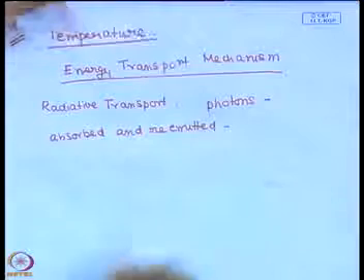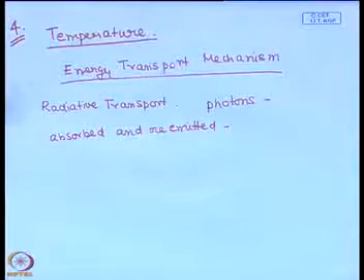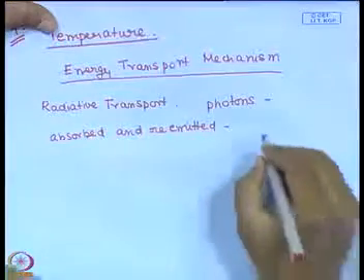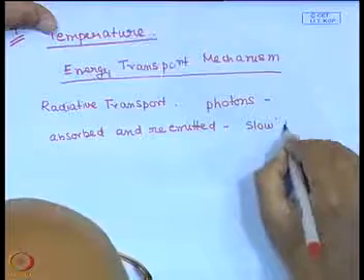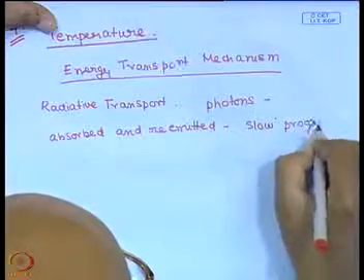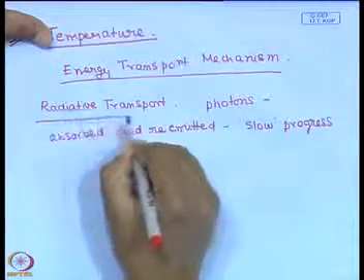This is a diffusion process, a random walk, we have discussed this. So, the photons make slow progress through the sun. This is the radiative transport.